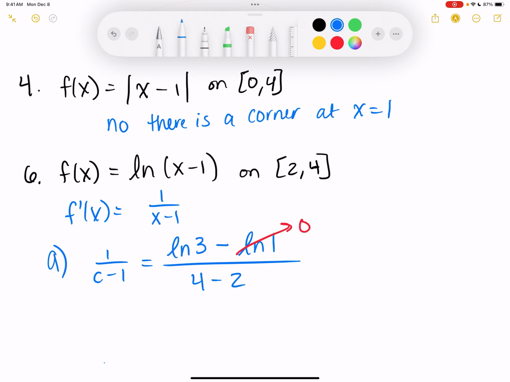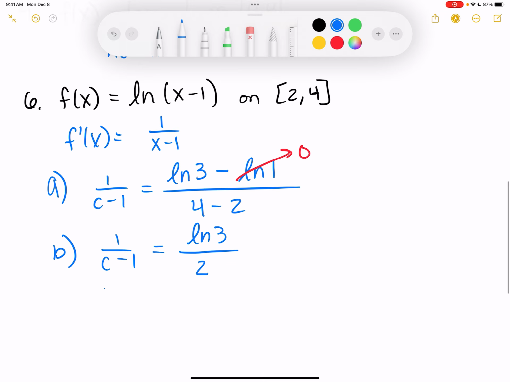Technically this is part A. Getting into part B, 1 over c minus 1 is equal to the ln of 3 over 2. I'm going to go ahead and flip these two fractions over. So I have c minus 1 is equal to 2 over the ln of 3.